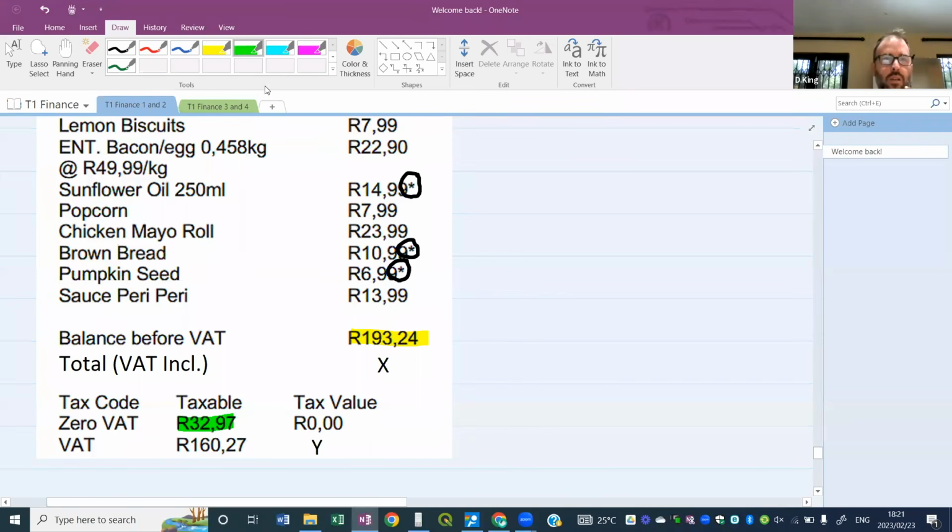The rest of all the other products, which must have VAT charged on them, comes to 160 Rand 27. You must be charged VAT on 160 Rand 27's worth of goods. The other 32.97, you must not get charged VAT on. No shop is allowed to charge you VAT on that amount.